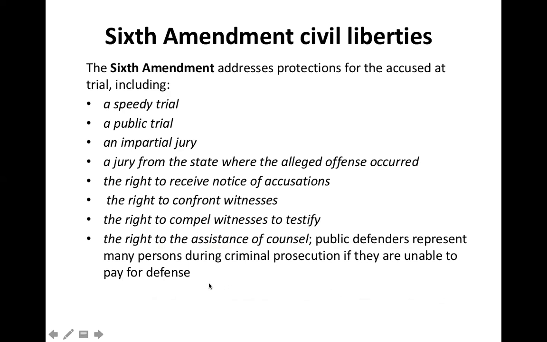Only thing I didn't really mention was, you have a jury from the state where the alleged offense occurred. Again, looking at the indictments against President Trump, I think it's going to be kind of interesting because you have juries from all over the country. Florida for the Mar-a-Lago, we have DC for the tweets, we have Georgia and New York.